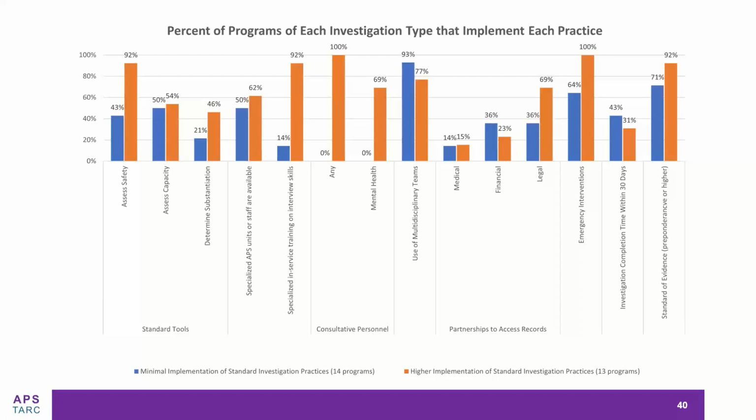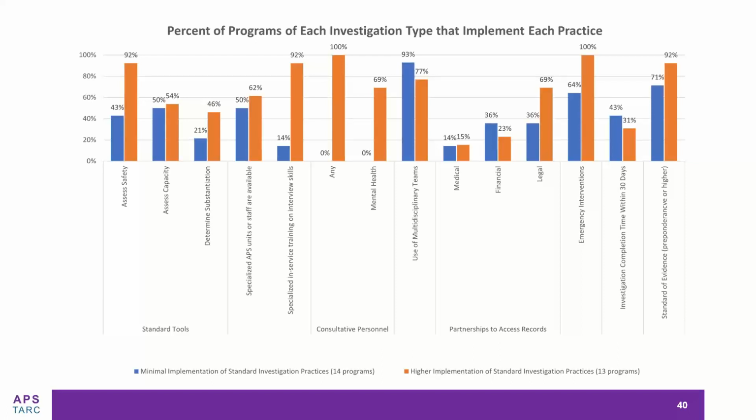For each of the bars, you can see the different types of policies and practices that we looked at, and you can see a real pattern here. For the programs that are in the higher implementation standards, you can see a much higher percentage than the blue bars for those that are in the minimal implementation standard. I'm not sure I explained that very well, so read the report.